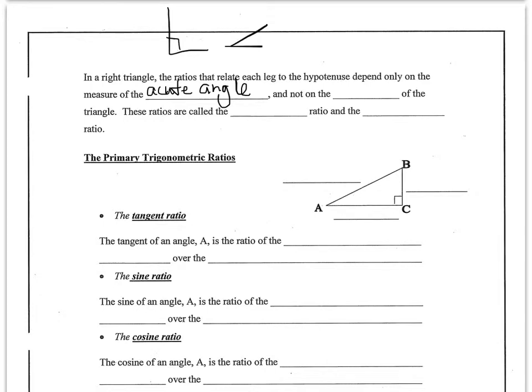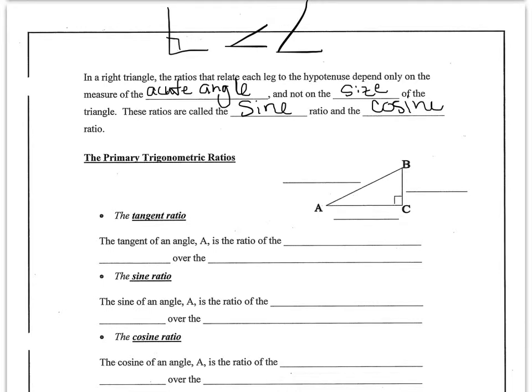Anything that's smaller than 90 degrees. Okay? And not on the size of the triangle. These ratios are called the sine ratio and the cosine ratio.